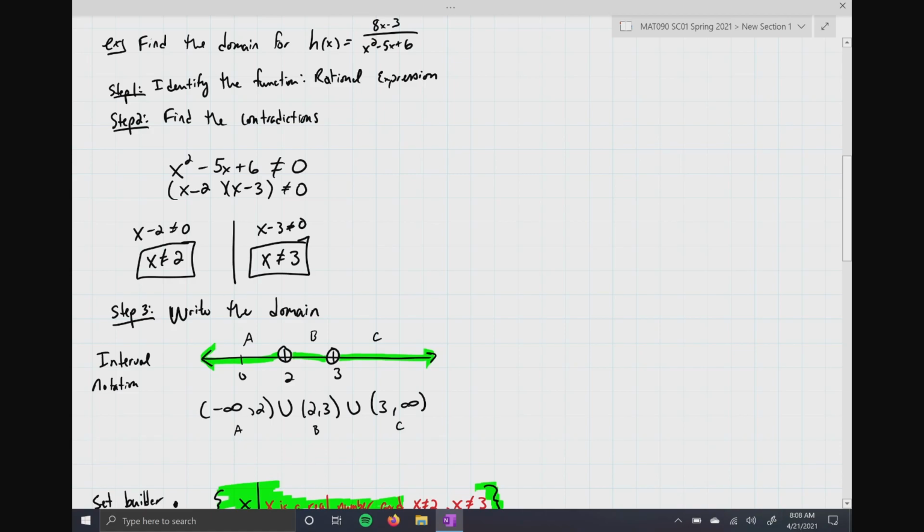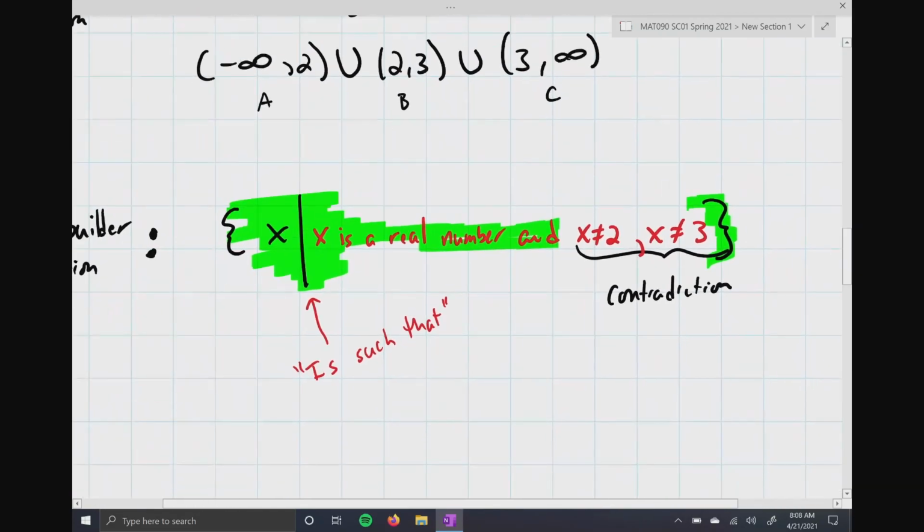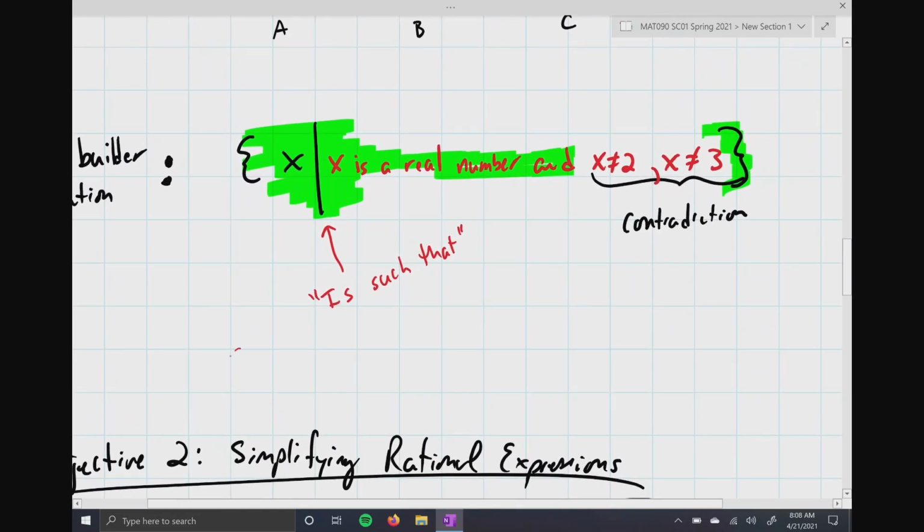If they wanted interval notation, draw a little number line, put circles where the contradictions are, and then label each interval. If they want set builder notation, remember the squiggly, the x, the bar, the x is a real number, and.